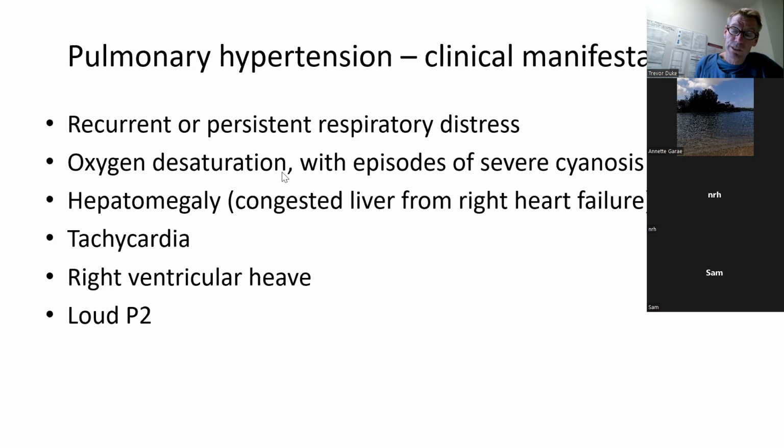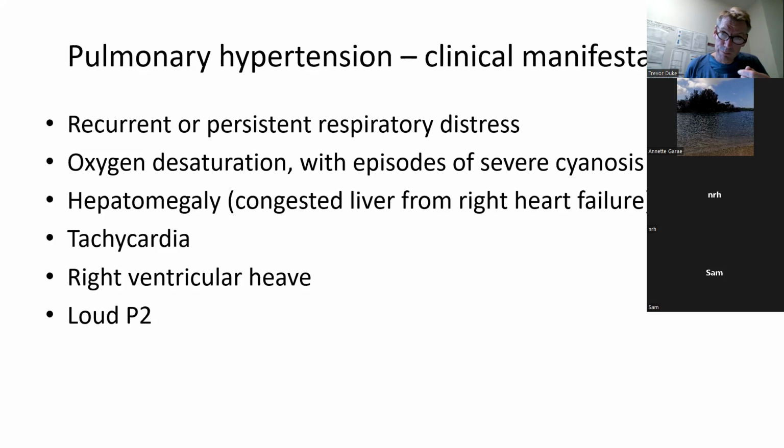They have oxygen desaturation, so they have episodes of often quite severe cyanosis, and at baseline they may be cyanosed, but during their episodes their oxygen saturation is even lower. They will often have hepatomegaly from a congested liver from right heart failure.